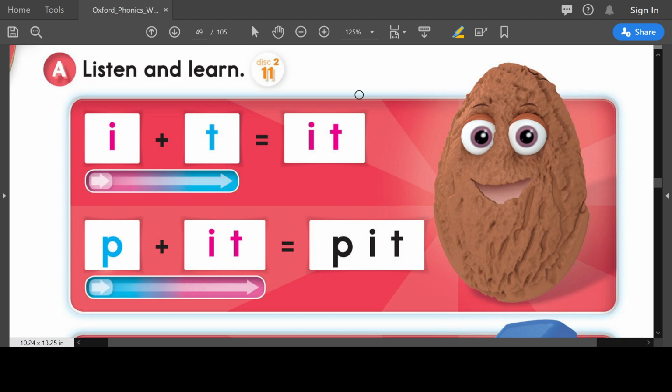So can I just say eat? Yes, of course. Eat, eat, eat, p, eat, pit. Pit. So the sound is like I, pit, pit.